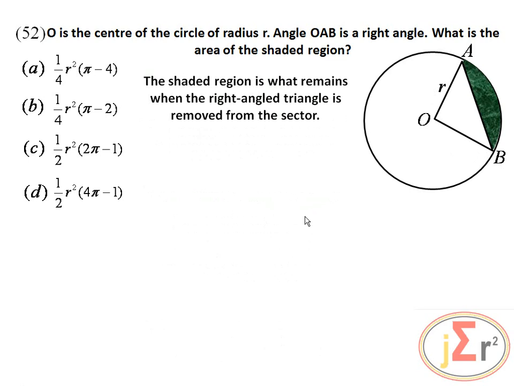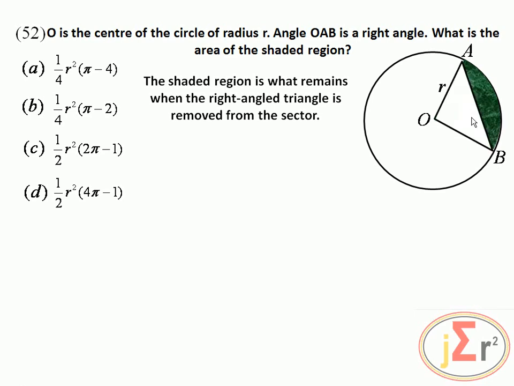The shaded region is what remains when the right-angled triangle is removed from the sector. So this shaded region that we have here, we will see what happens in a short while. See, we have a sector and we are removing a right-angled triangle.